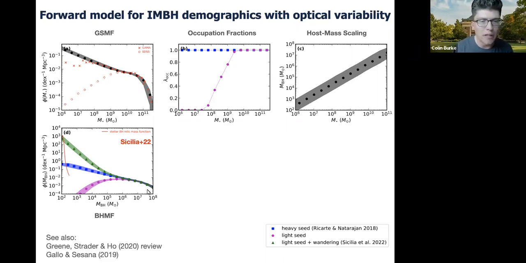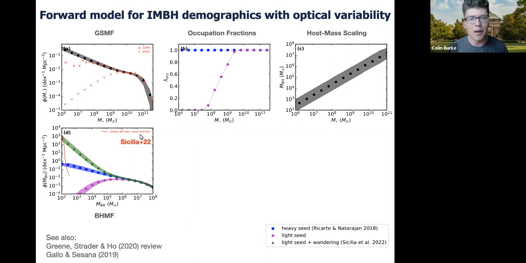So we're showing the two different black hole mass functions for the optimistic occupation fraction in blue and the pessimistic one in magenta. And then I've added an even more optimistic black hole mass function that's tied to gravitational wave LIGO Virgo merger rate constraints from gravitational wave observations.